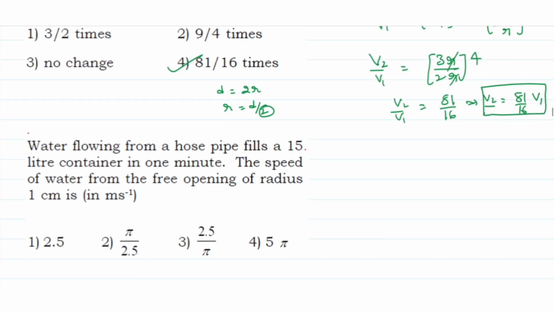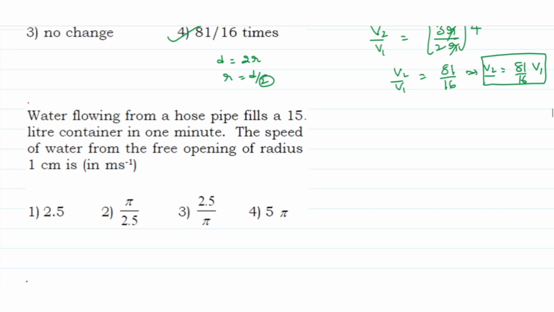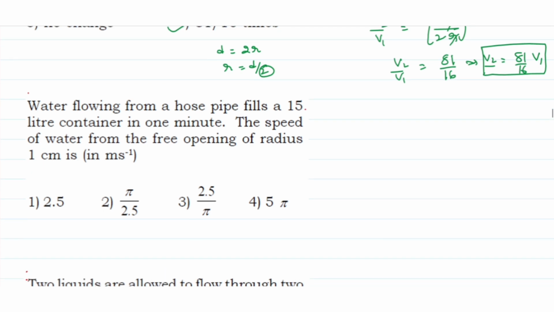Look at the next question. The next question says water flowing from a hose pipe fills a 15 liter container in 1 minute. The speed of the water from the free opening of radius 1 centimeter is asked. So here, across a hose pipe, it is going to be filling the container.